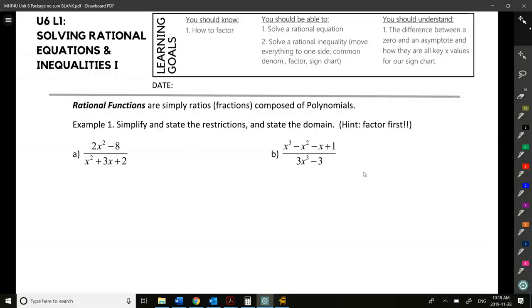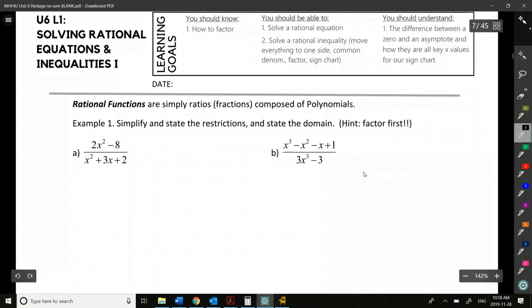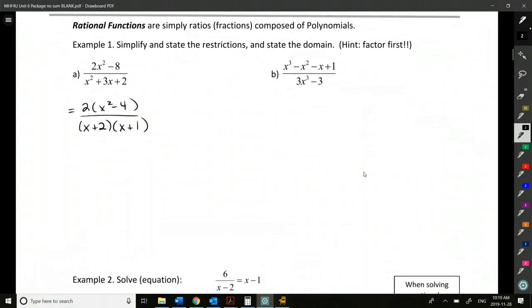What we usually do in order to make that happen is we will factor and common factor everything. Two things that multiply to 2 and add to 3 would be 2 and 1. And then I think we have a difference of squares on the top here. So we get x plus 2, x minus 2.